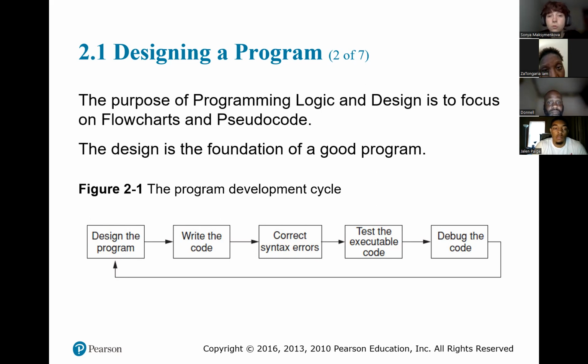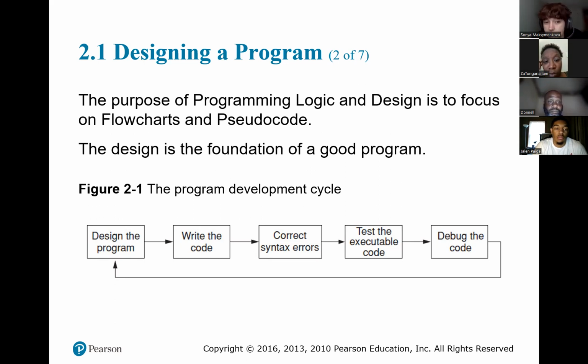You should be able to design your own program, and just have a general idea of how the coding works behind the scenes. And obviously, as I mentioned before, the design is the foundation of your program. So how well you design your program is going to determine how well it's going to run.